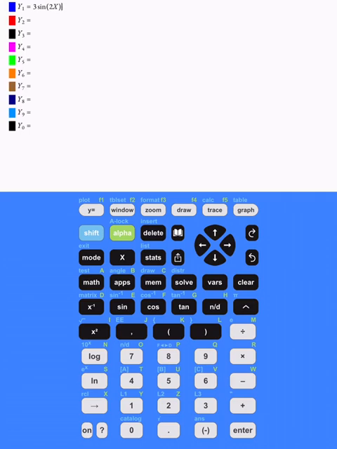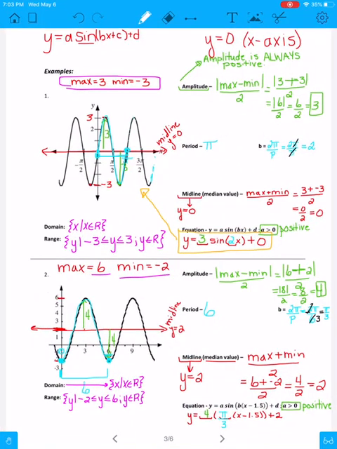The next step is to go to window, and we're going to change our window to suit this graph here. I'm going to use negative pi over 2 as my lowest x, and 3 pi over 2 as my x max. So negative pi over 2 is my x min, 3 pi over 2 is my x max, negative 3 is my y min, positive 3 is my y max.